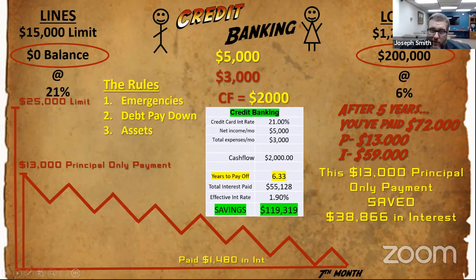In this example on your screen, you would save $119,319. That's how much interest you would skip over every time you do that, because you'd put $13,000 principal only payment and then pay it all down, and then do it again, put another $13,000 principal only payment, pay it down, right?